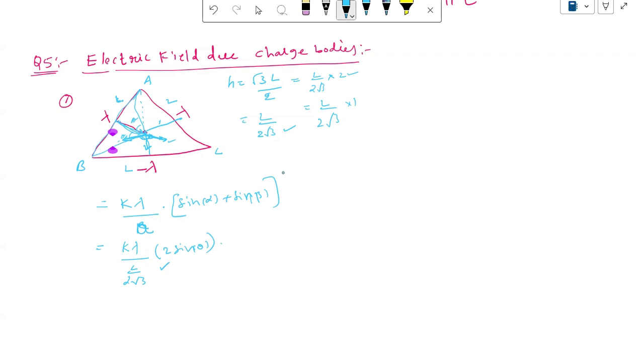Then you substitute: K lambda into 2 into root 3 by 2, divided by L by 2 root 3.